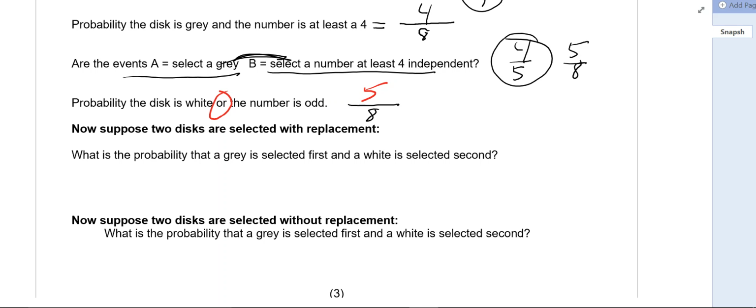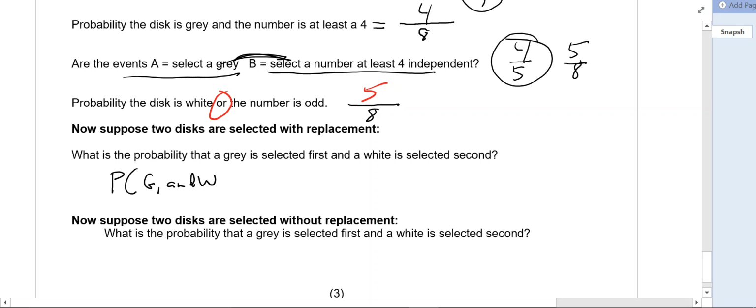All right. Now, 2 discs are selected with replacement. What's the probability that a gray is selected first and a white is selected second? So I need the probability I get a gray first and a white second. Well, that's an and probability, so I need the probability I get a gray first times the probability of a white second given a gray first.